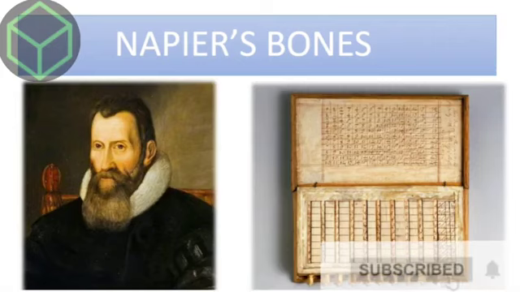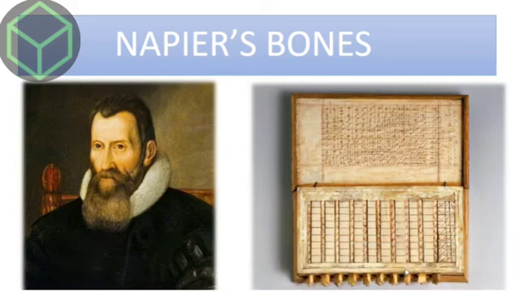Next is Napier's bones. In 1617, Scottish mathematician Sir John Napier invented a calculating device called Napier's bones. This device is a set of rectangular rods marked with numbers. It was meant for simple calculations like addition, subtraction, multiplication and division of numbers.